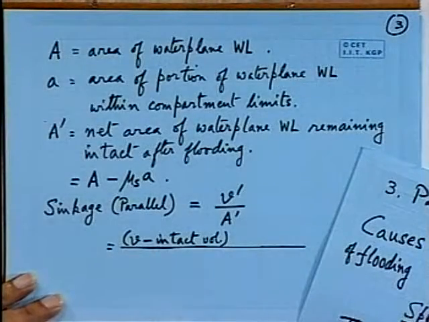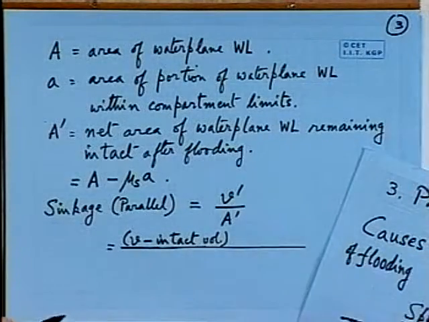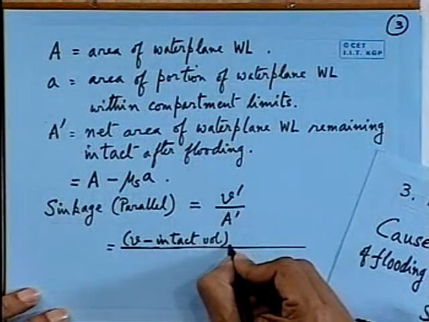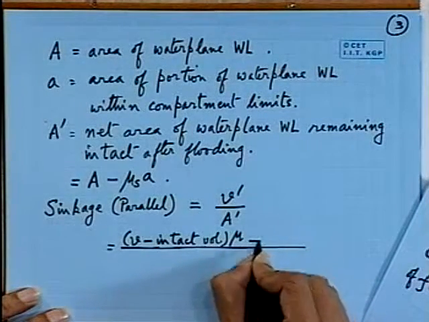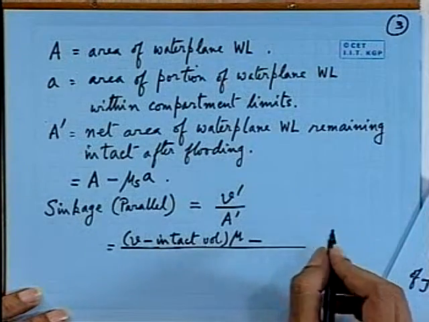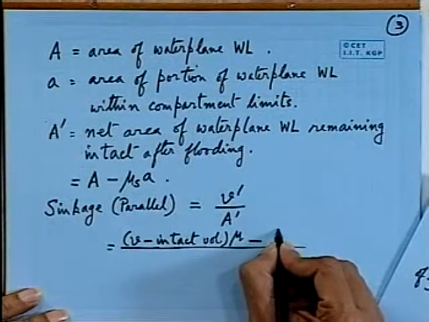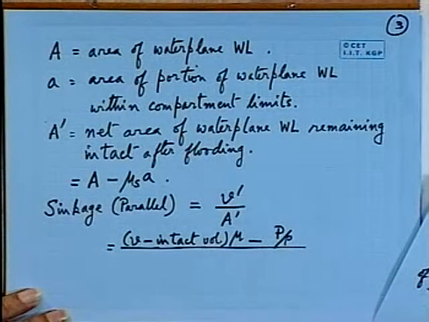So the total volume V minus this intact volume, and also take away, multiplied by the permeability, minus P, the water that is already inside the tank divided by the density of water in the tank.